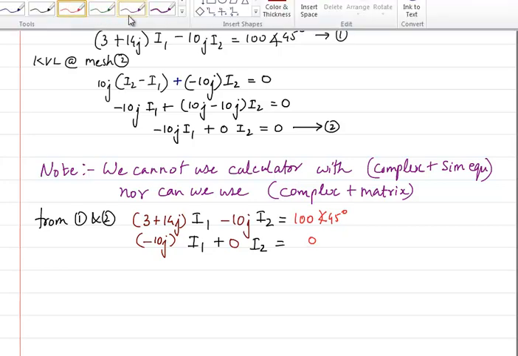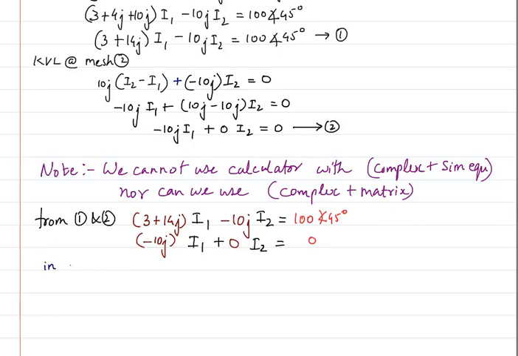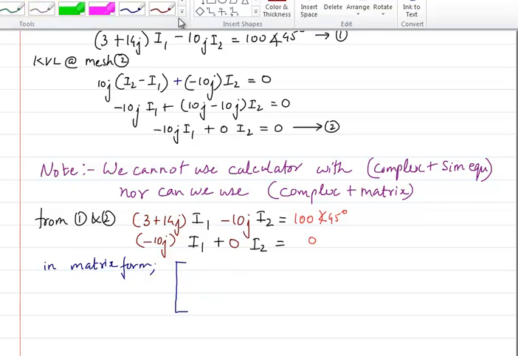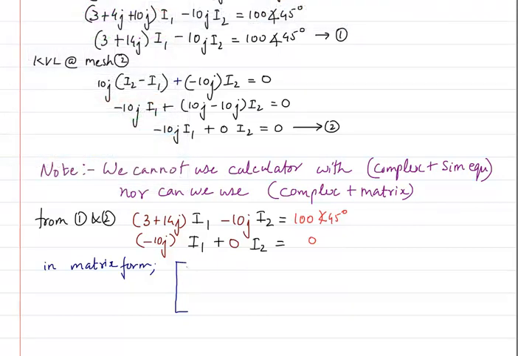Now this in matrix form. In matrix form, if you remember, we can write this as the matrix 3 plus 14j, minus 10j, and the second row, minus 10, this is minus 10j, I forgot, this is also minus 10j.